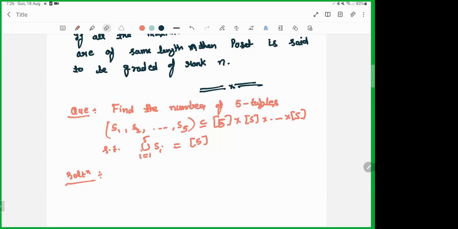Yes, that is correct, if it is numbers, basically elements of the set. But here he is asking subsets. So can you think something?